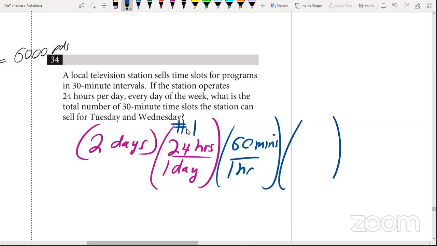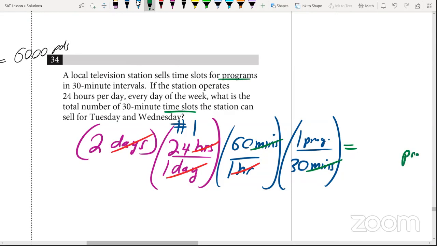And 1 program takes 30 minutes. So now in terms of cancellations, days cancel with days, hours cancel with hours, minutes cancel with minutes, and we're talking about time slots, or what we call programs.